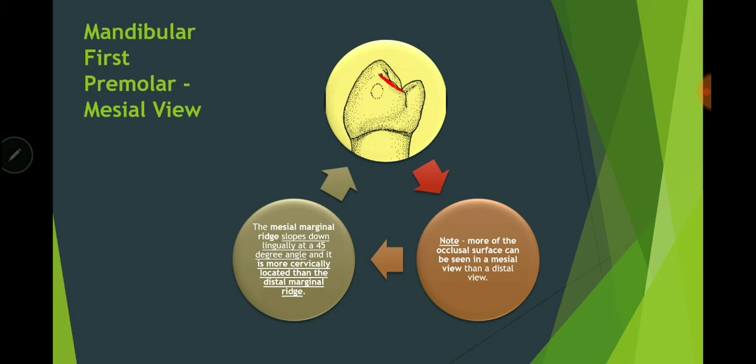But the mandibular first premolar is the exception, because the mesial marginal ridge slopes downward at a 45-degree angle, and it is lower than the distal marginal ridge. So this is an exception. You have to know that. So more of the occlusal surface can be seen in the mesial view than the distal view.